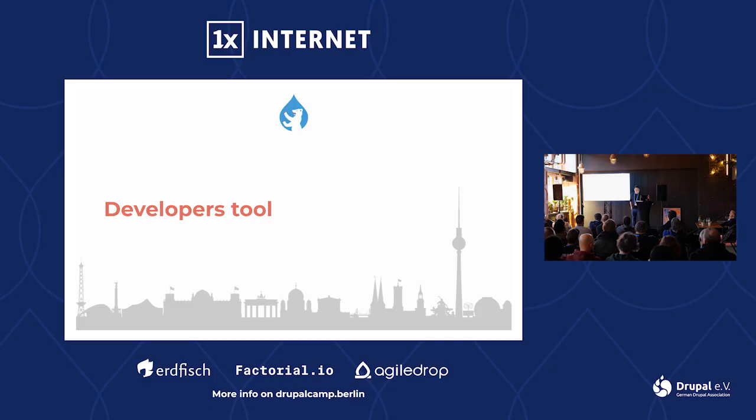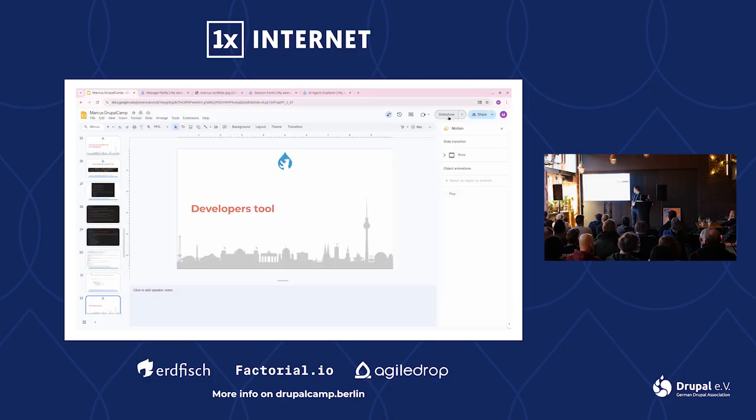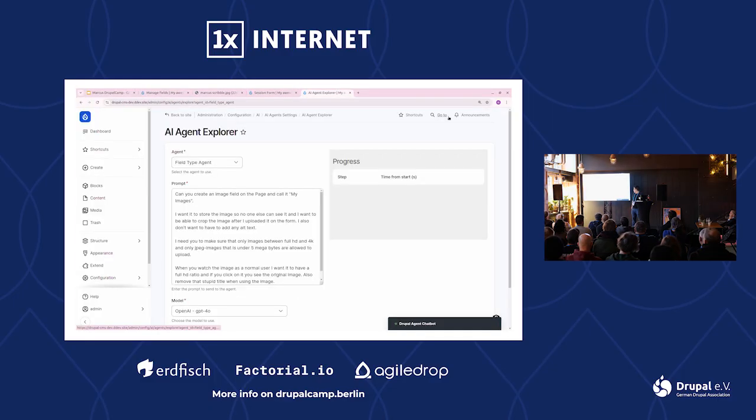There is a developer tool for this that we showcase as well, which is this one. It's a submodule called AI Agents Explorer or something like that, where you can test the instruction directly against the agent and see how it runs all the sub-agents. In this case, we're going to run it against the field type agent.